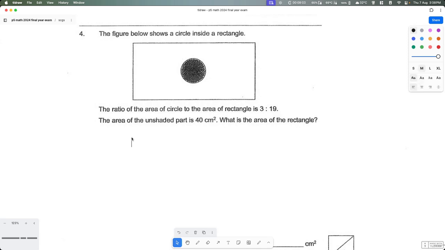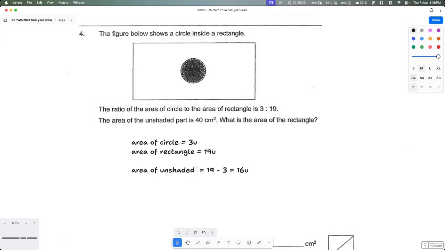Okay, so we know the area of the circle is 3 units and the area of the rectangle is 19 units. So the unshaded area is 19 minus 3, which is 16 units.